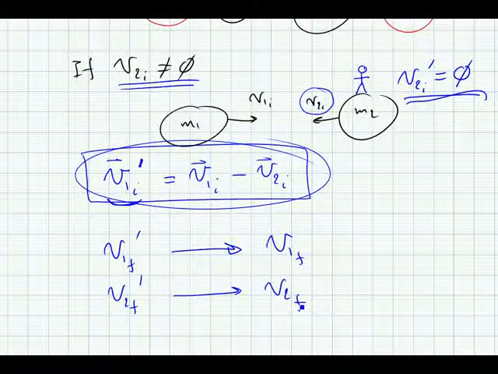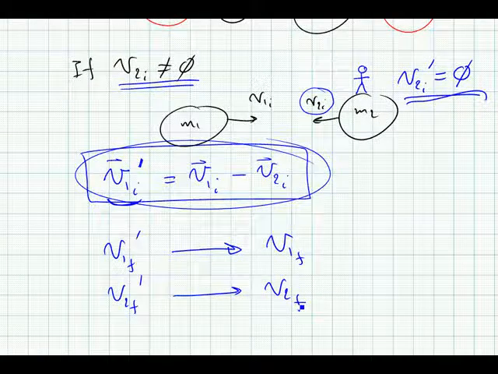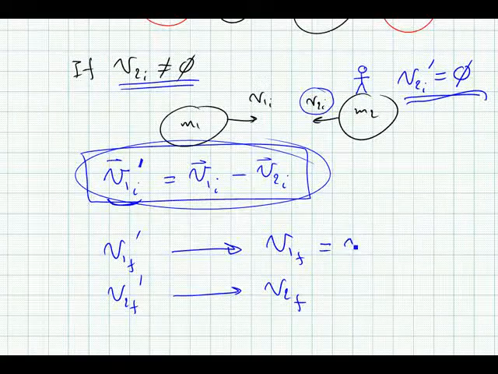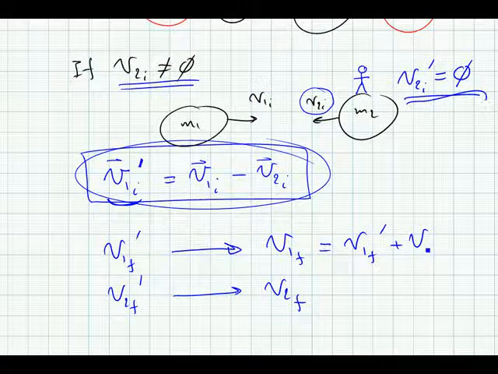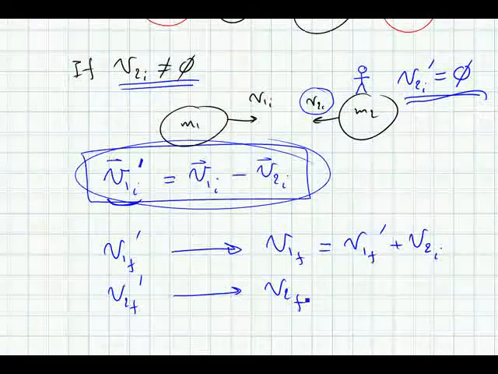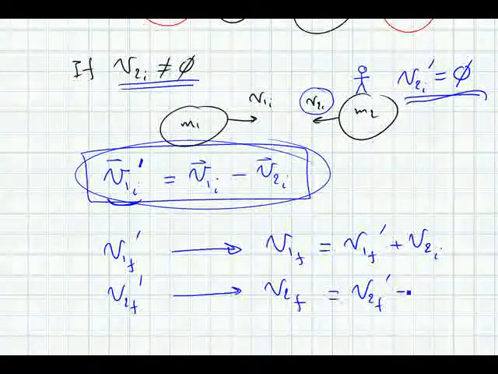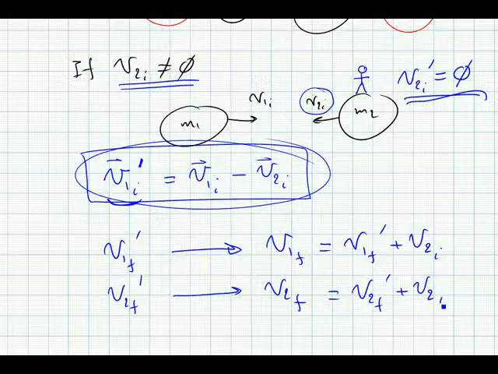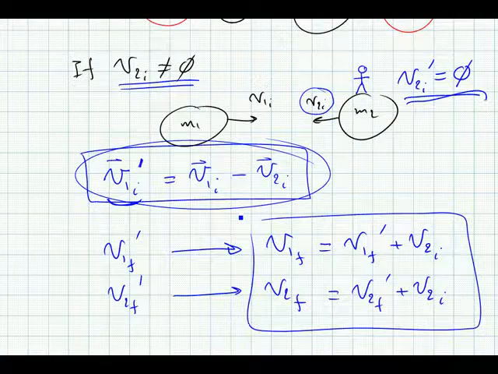So you have to use the reverse Galilean transfer functions to transfer them back. In fact, v1f would equal v1f prime plus v2 initial, and v2f would equal v2f prime plus v2 initial. So these would be the inverse transformation functions.